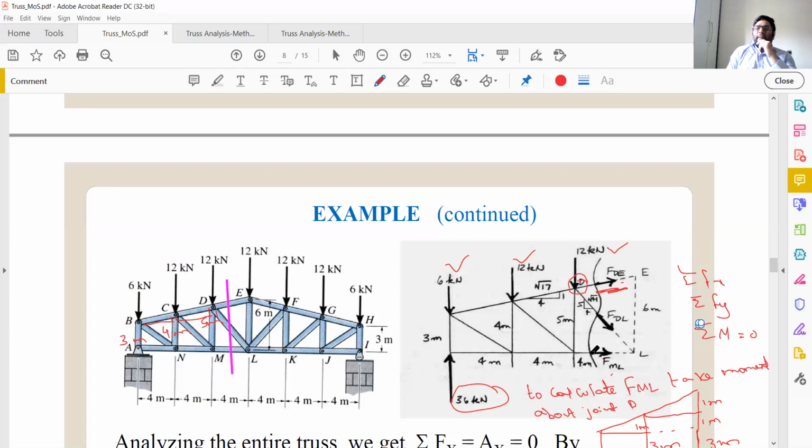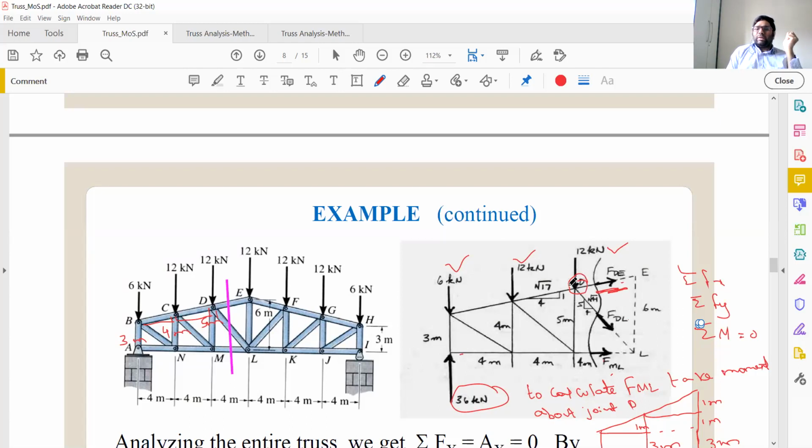Why can't any other thing? Because this is horizontal, you cannot take any moment with respect to horizontal joints. We need to take only at the top joints, and that immediate top is D.